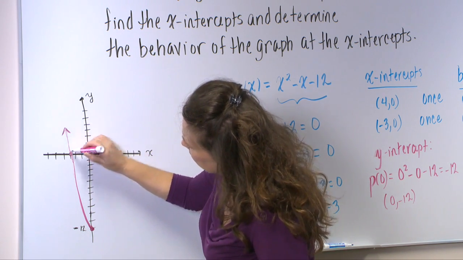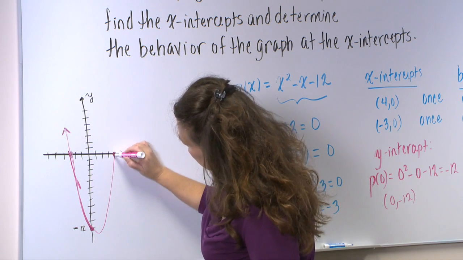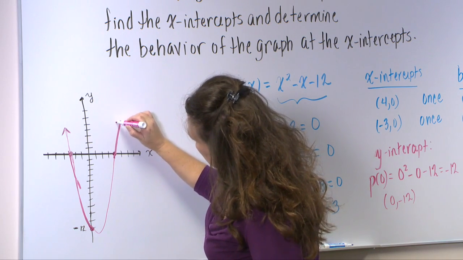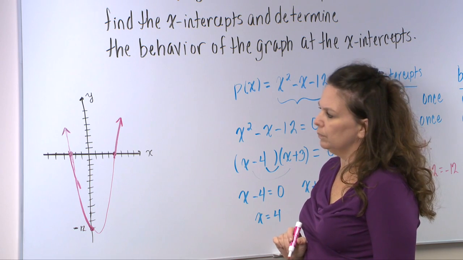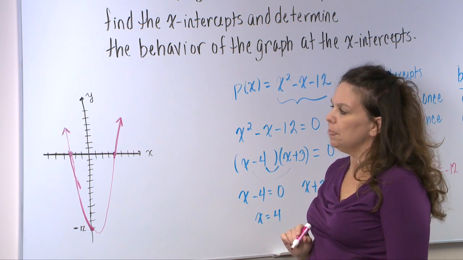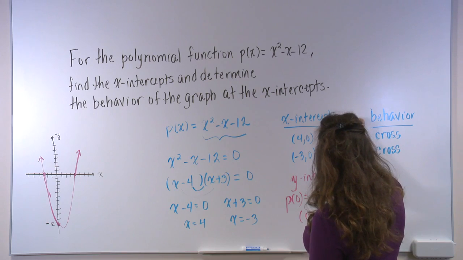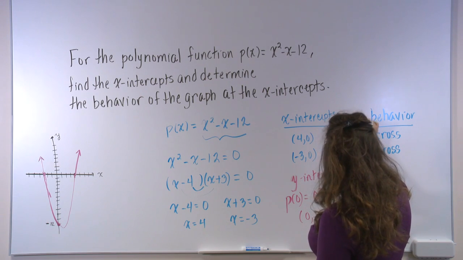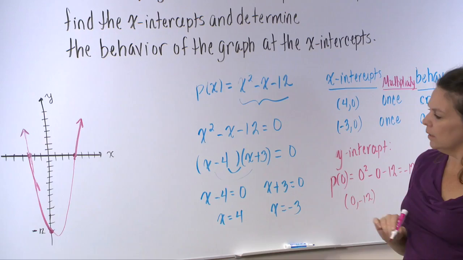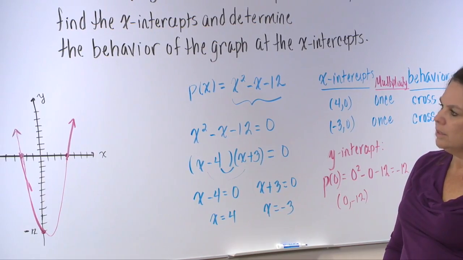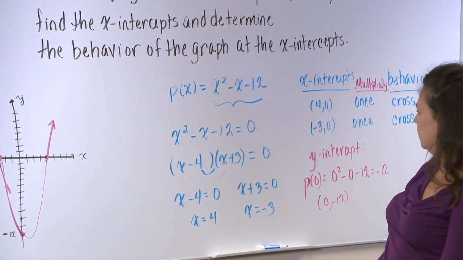It's also quadratic, so I have an idea of what the shape is going to be like. And it will come up here, and it crosses at this x-intercept as well. So one thing we say is if the multiplicity, and I can write that here, the multiplicity of the x-intercept is odd, then our graph will cross the x-axis.